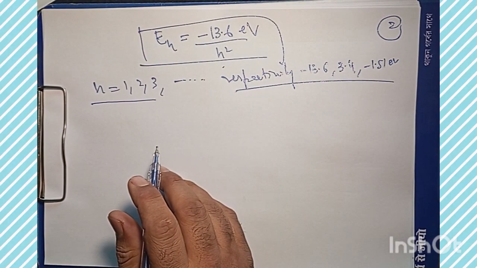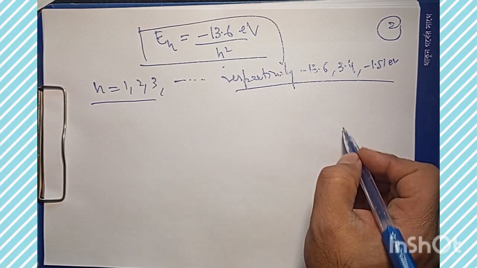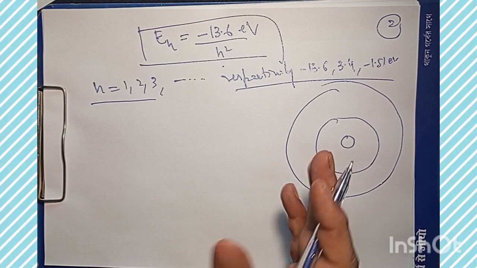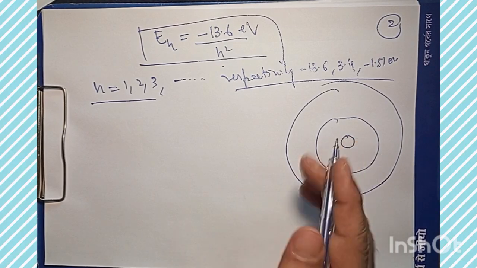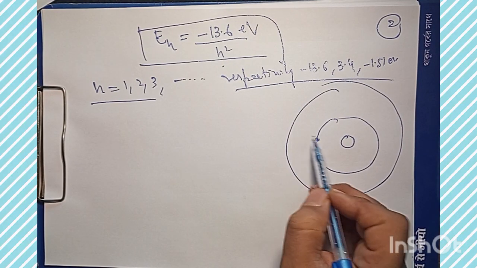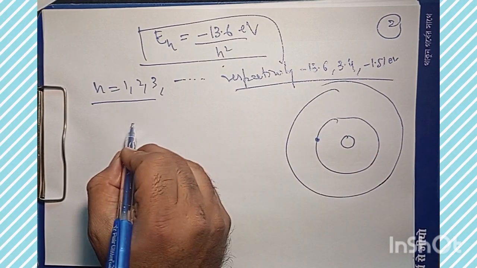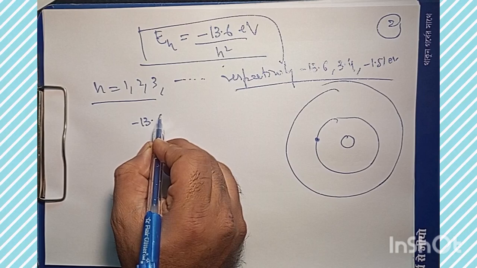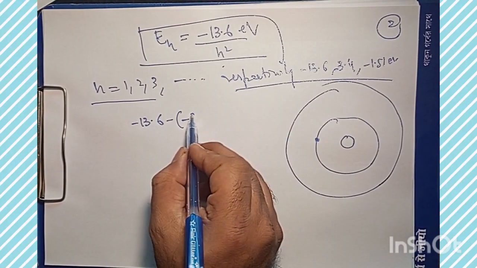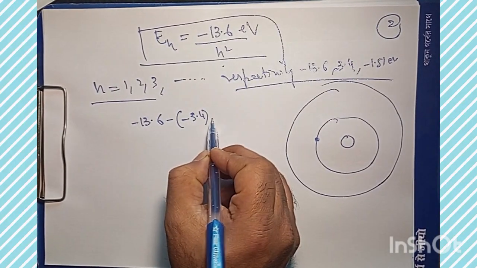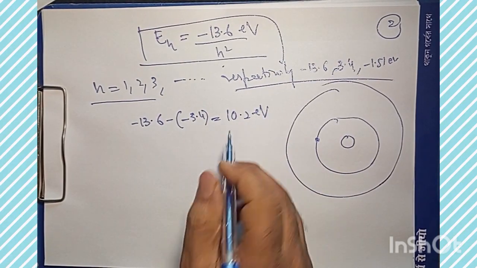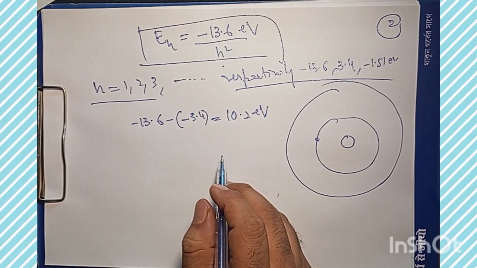Now, the energy that we have to supply to the atom to raise an electron from the first orbit to the second orbit will be the subtraction of the first two: minus 3.4 minus of minus 13.6, which gives 10.2 electron volts of energy to be supplied.